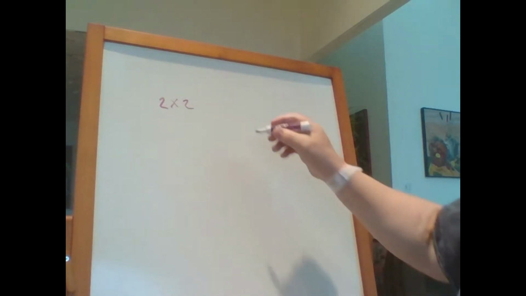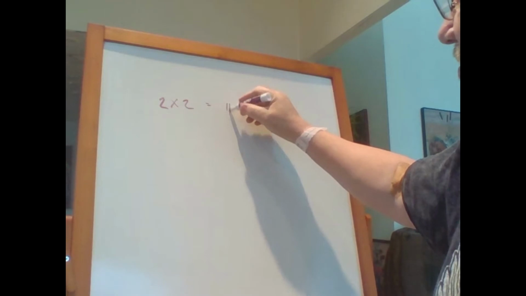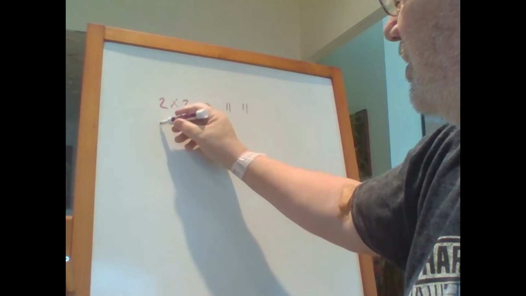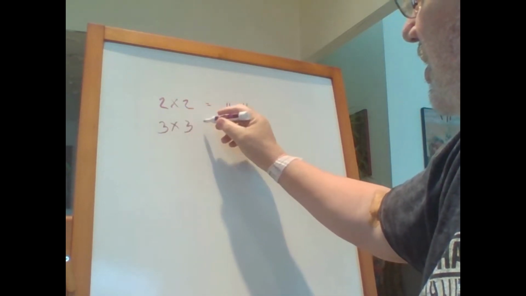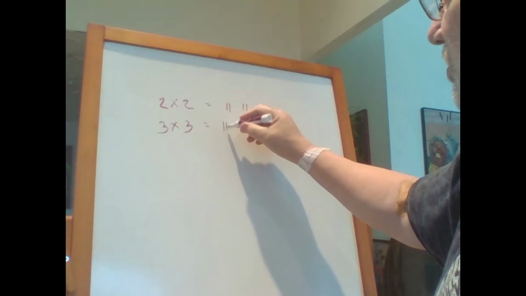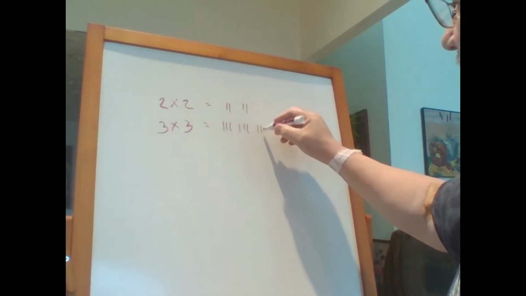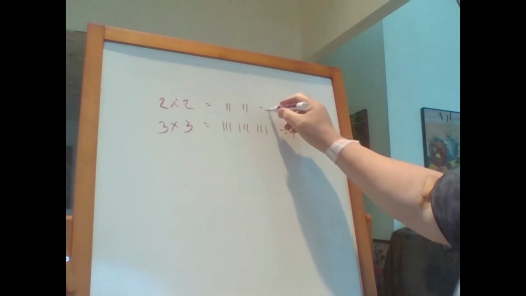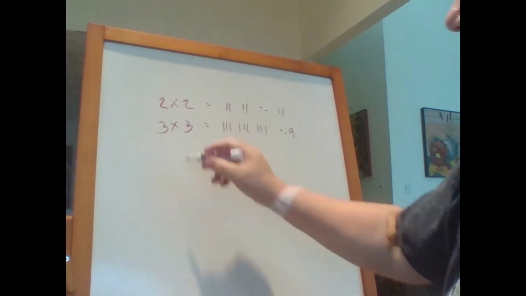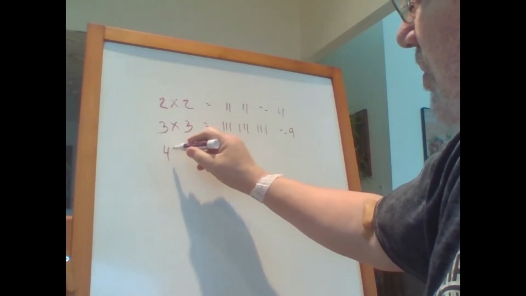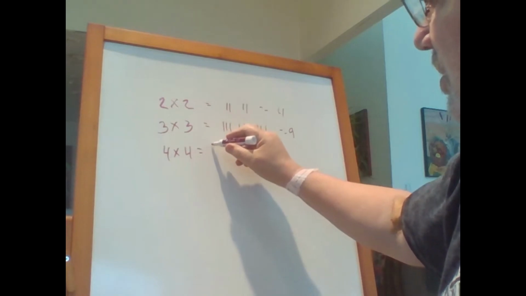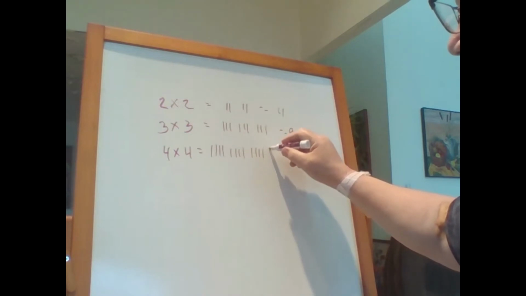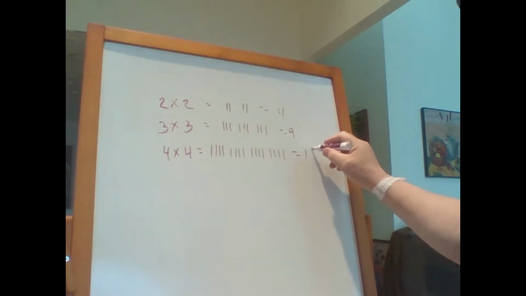Well, that means 2 groups of 2. 3 by 3 equals 3 groups of 3. That's 3, 6, 9. 4 by 4 equals 1, 2, 3, 4, four times, which equals 16.